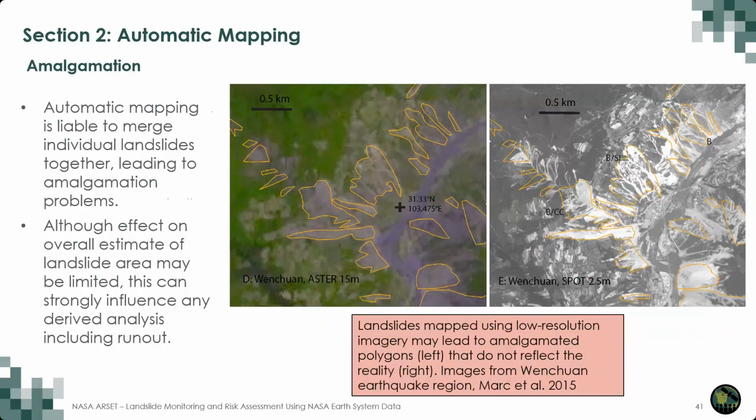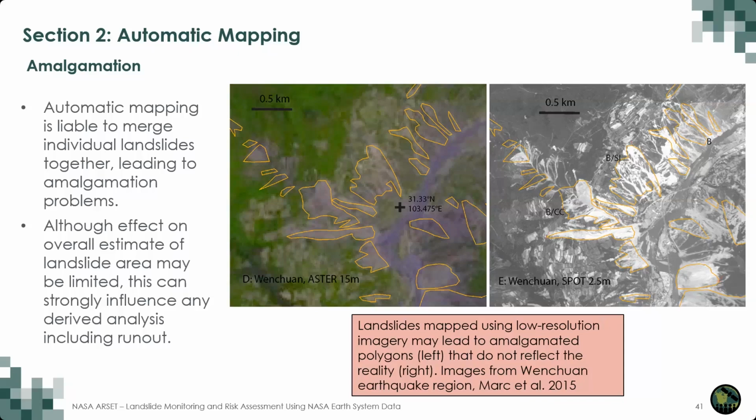One other critical element to consider is amalgamation. I'm showing two images here of a small area of part of China that was impacted by the Wenchuan earthquake. These are the same zones, and on the left-hand side is 15-meter ASTER imagery. The landslides were mapped automatically using a variety of different analysis tools. You can see that these polygons that are produced are relatively coarse, and they align around these zones of change, including landslides.